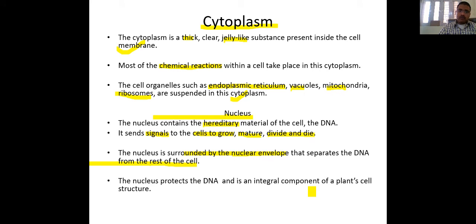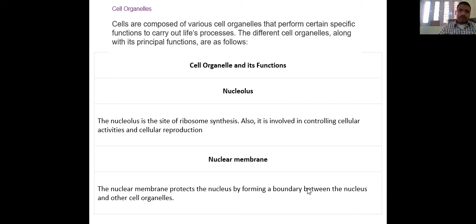Now, as already told, there are the cell organelles. These are composed of various organelles that perform specific functions to carry out life processes. I have already talked about the nucleus, cytoplasm, and cell wall.